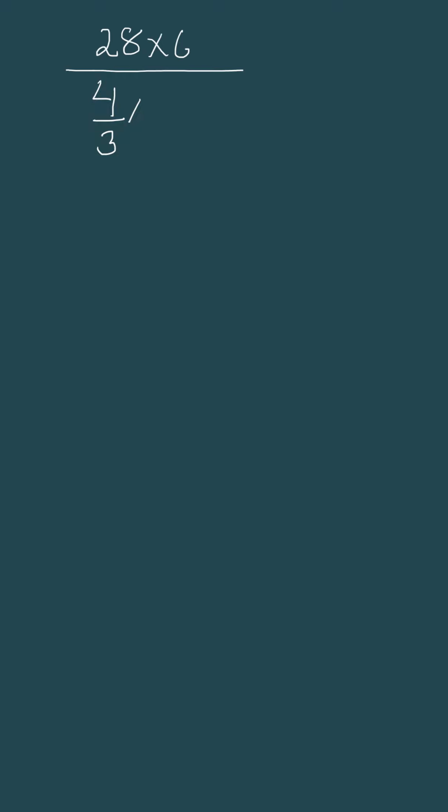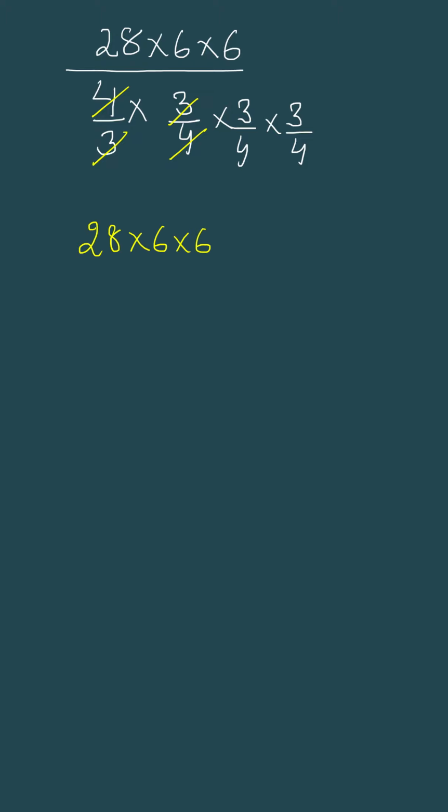28 into 6 into 6, r square is 6 into 6, height 28. 4 by 3 pi is already cancelled, r cube will be 3 by 4 into 3 by 4 into 3 by 4. Again we can cancel these 3 and 4. Now in the denominator we have a fraction, so we will use the concept of reciprocal, multiplicative inverse.